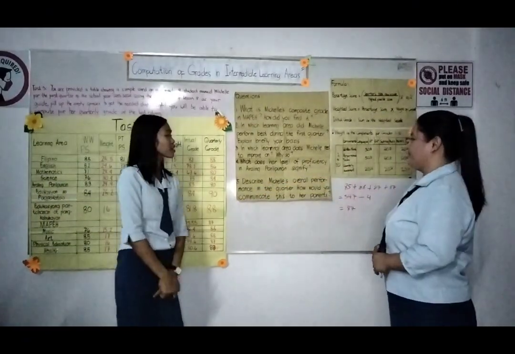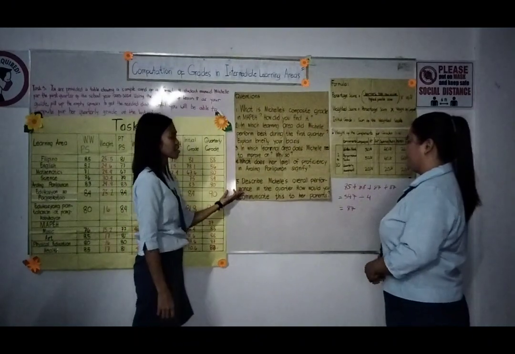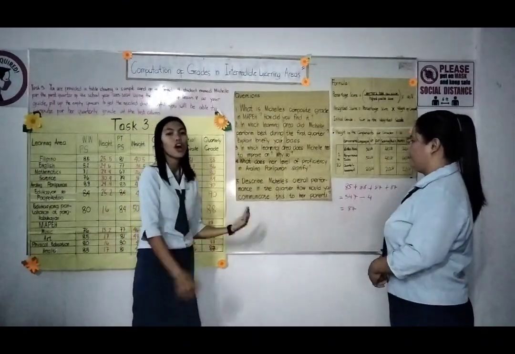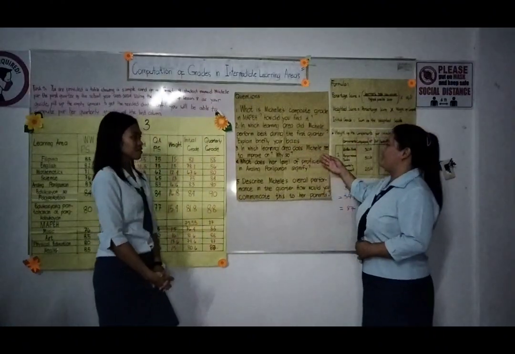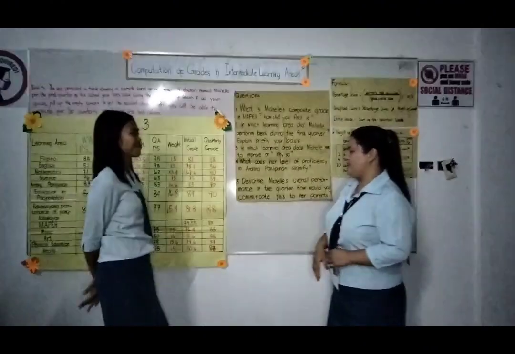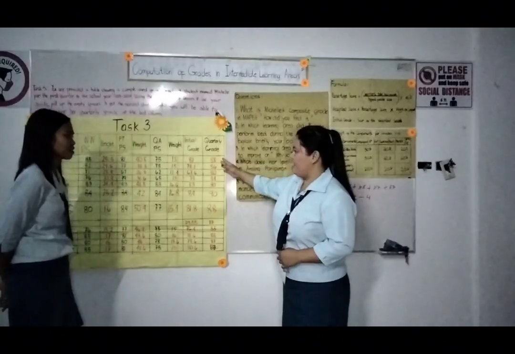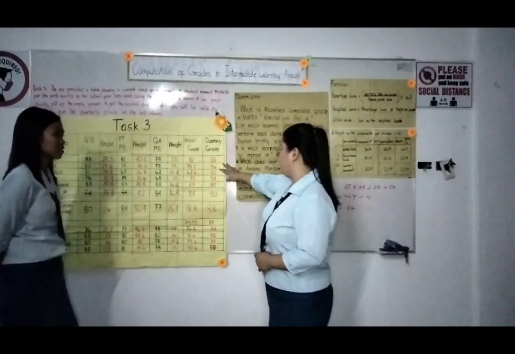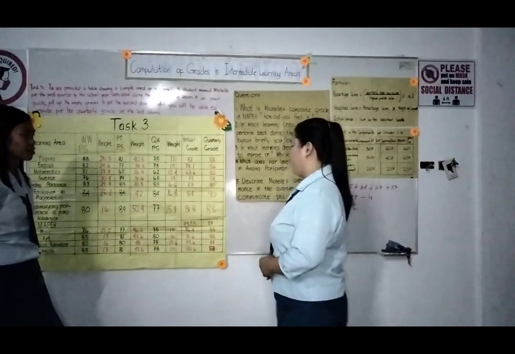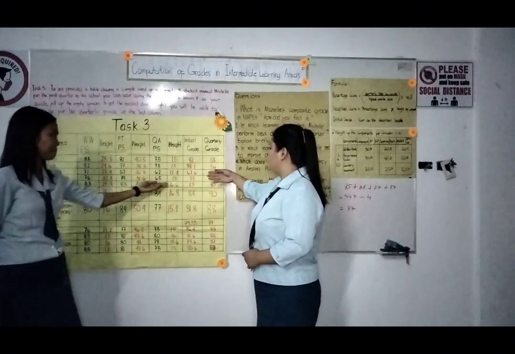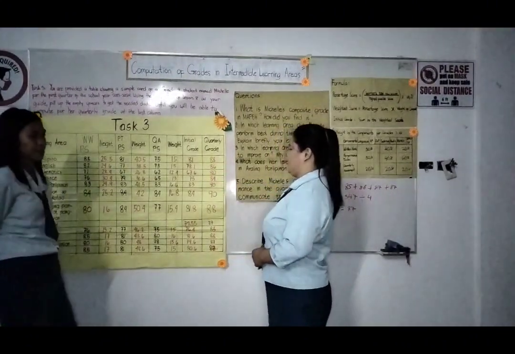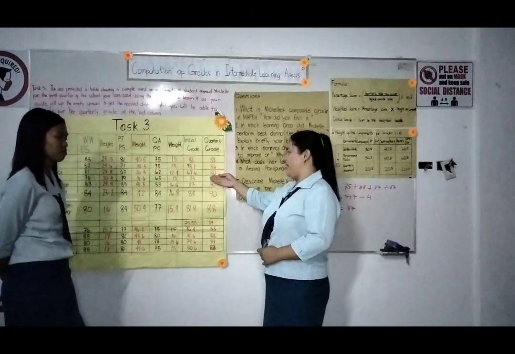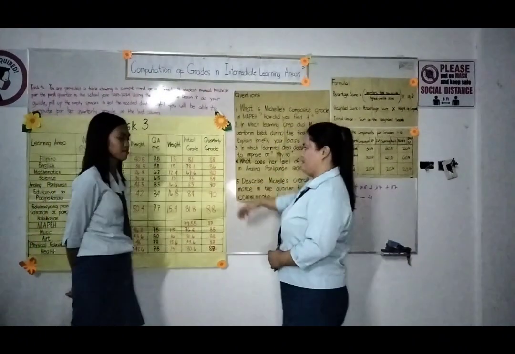So third question is, in which learning areas does Michelle need to improve on? Why so? So the learning area that Michelle needs to improve on is, if we look at here, she needs improvement in mathematics since she got a grade of 80 in mathematics.